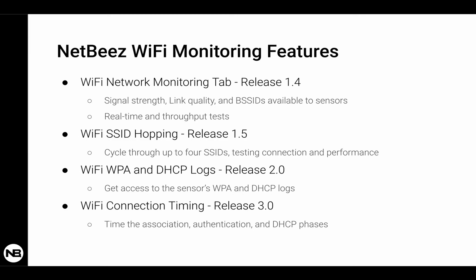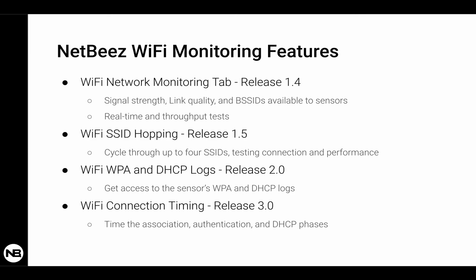Perhaps the server has exhausted the lease pool, or the agent, the sensor, is not receiving the DHCP lease from the server. So it's a very good feature because it really allows you to troubleshoot client-related issues with Wi-Fi networks.